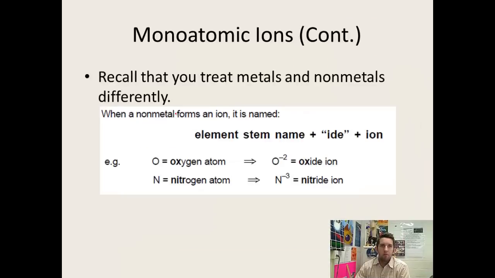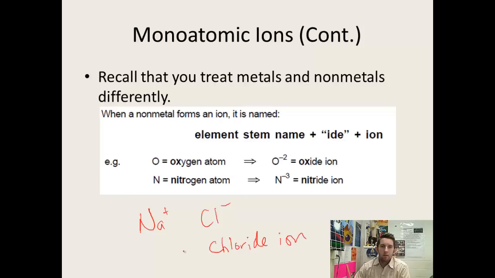All right. How about nonmetals? Well, we have our sodium ion. What do we call this guy? It's not a chlorine ion. When a nonmetal forms an ion, here's how it's named. You take the element stem name, which would be chlor, and you add "ide," chloride, and the word ion.